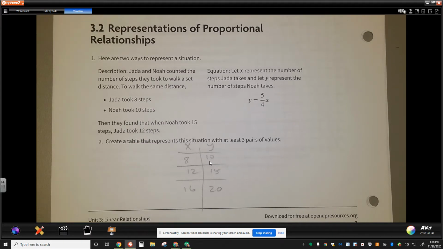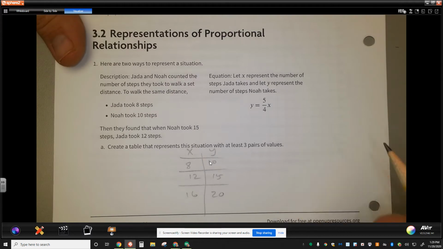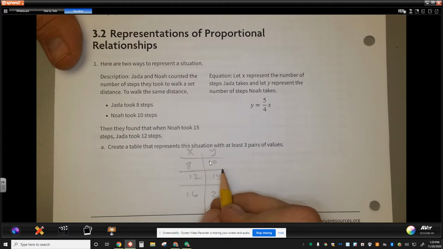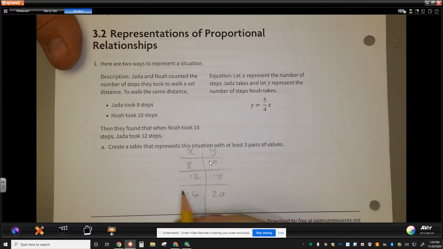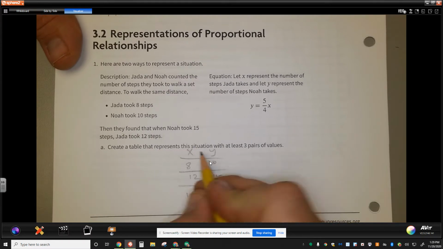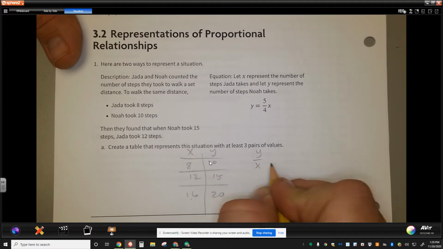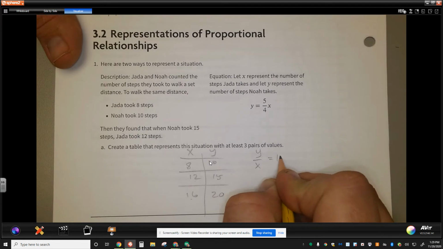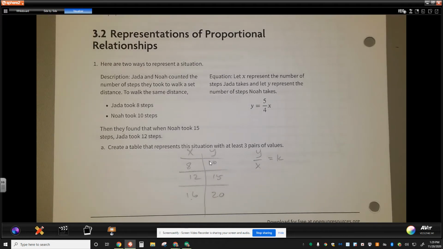And what we need to do with this table is we need to recognize something. Out of this table, we have at least 3 pairs of values. And within this table, we see that that's 8 to 10, or 10 steps to 8 steps, 15 to 12, 20 to 16. And you'll notice that I'm going from y compared to x, because we know that y compared to x is the constant of proportionality.